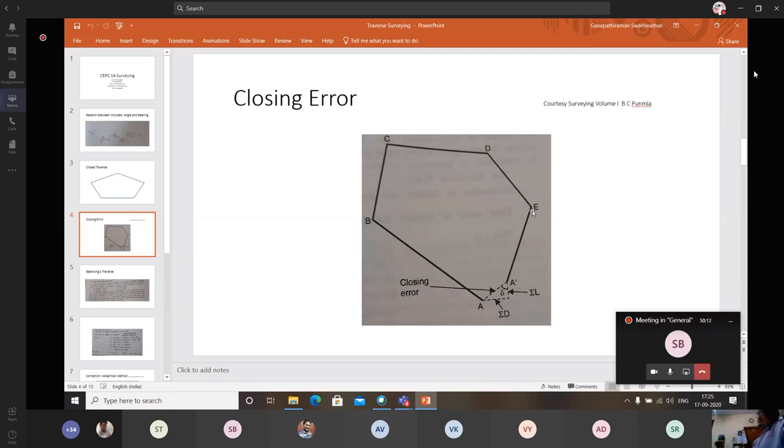Mistake. Mistake is different. Error is different. Error is beyond the purview of the observer. Now that you have learned what an error is, tomorrow's class you will find a graphical solution as well as the analytical solution for a closing error. Is that okay for all of you?